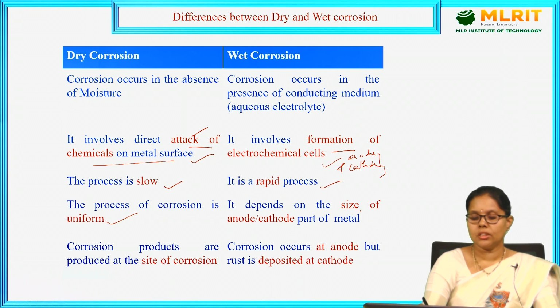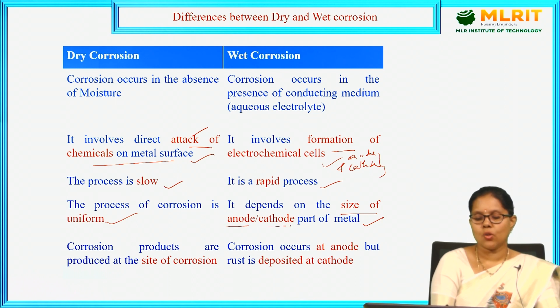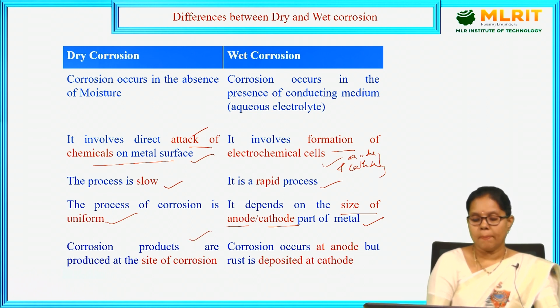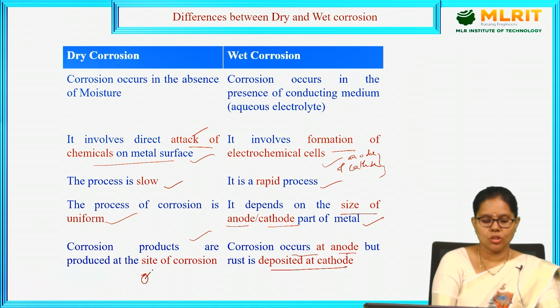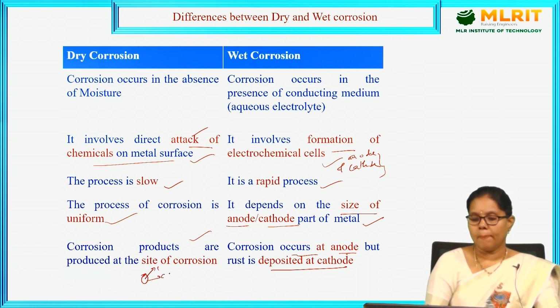Here the corrosion depends upon the anodic and cathodic parts, on their size. In dry corrosion, corrosion products are produced at the site of corrosion, but in wet corrosion the corrosion occurs at the anode while rust is deposited at the cathode.